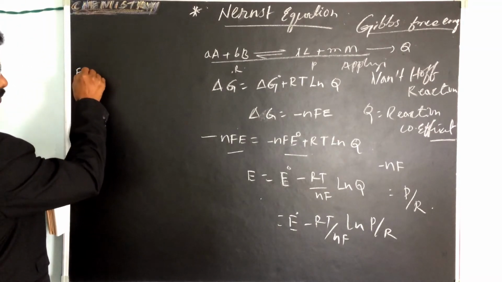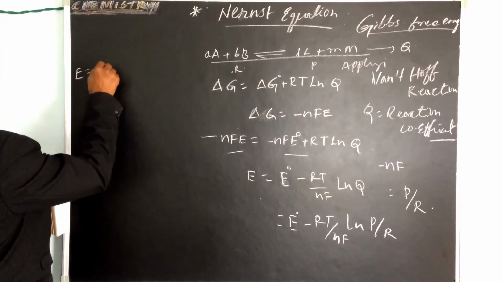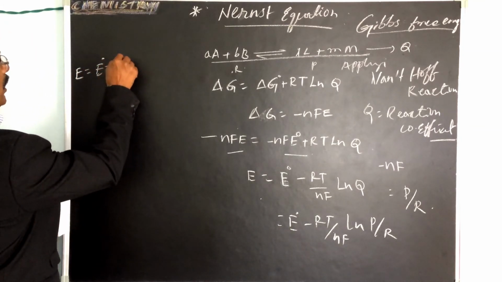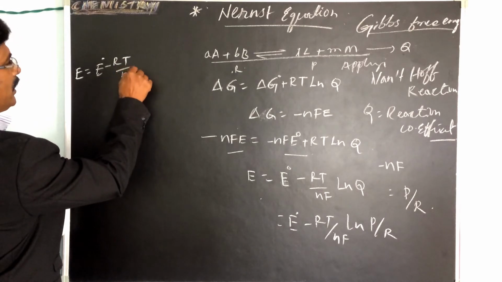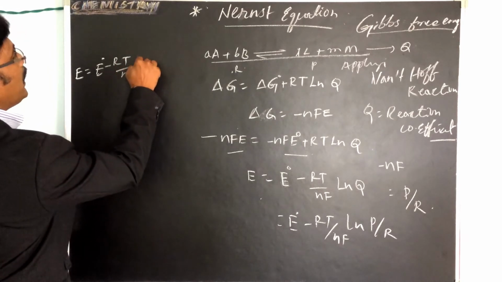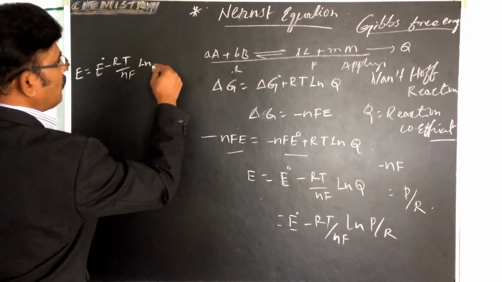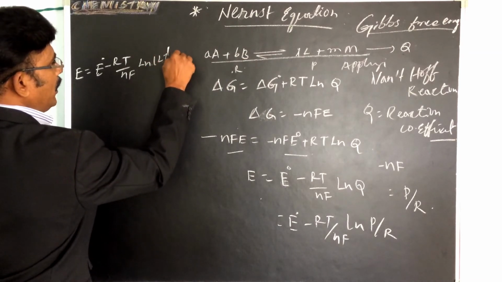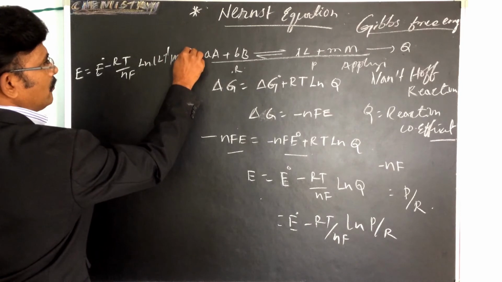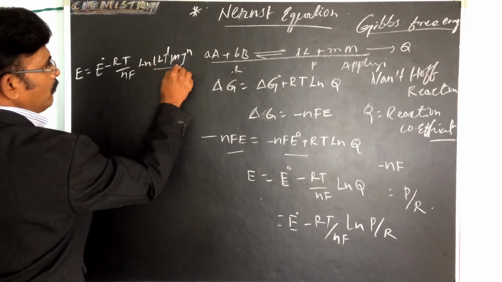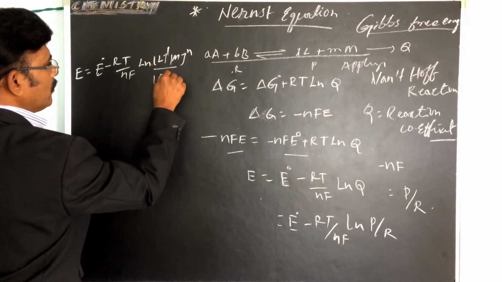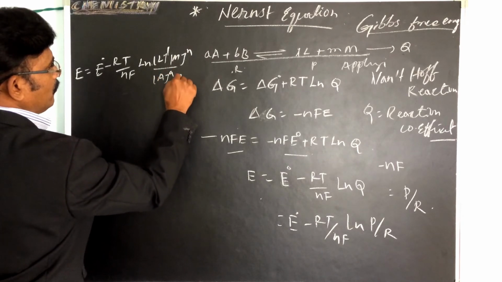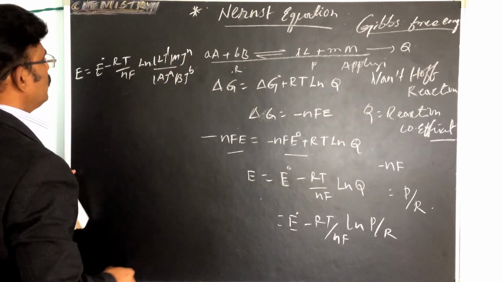E is equal to E0 minus RT by NF ln of products by reactants. The products are L and M, by A and B.